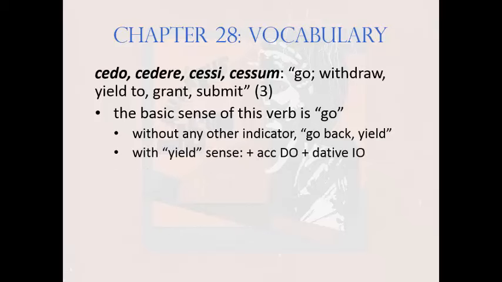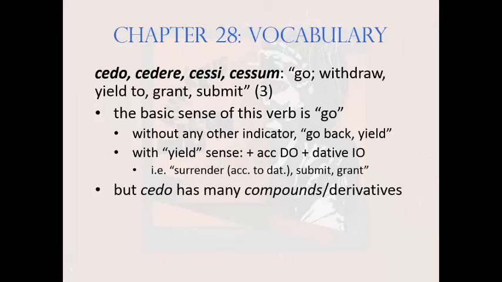Thus it has a secondary sense, yield, which expects an accusative direct object to indicate the thing being yielded, and a dative indirect object for the person it's being yielded to. From there, Cato also adopted the sense surrender, submit to, or grant to. But more often than not, it's compounded, and those forms are the ones that made it into English as Latin derivatives.